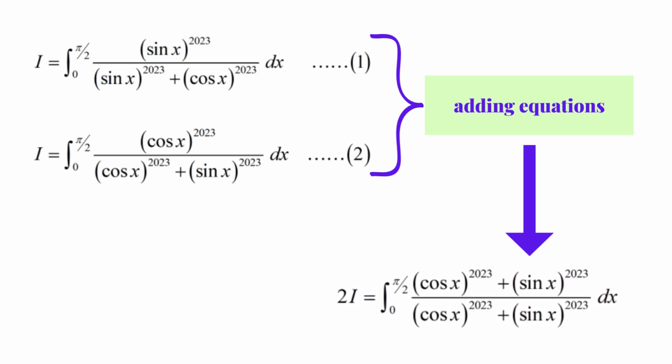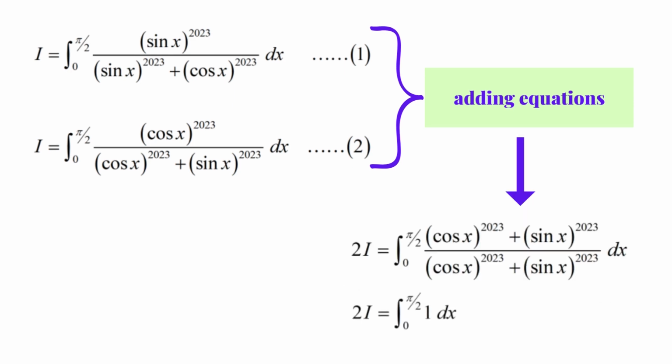Notice that the right side of equation 1 and equation 2 has fractions whose denominators are the same, so just add the numerators over the common denominator. Now, obviously, the integrand can be cancelled and reduced to 1.